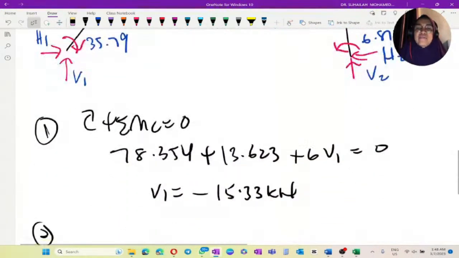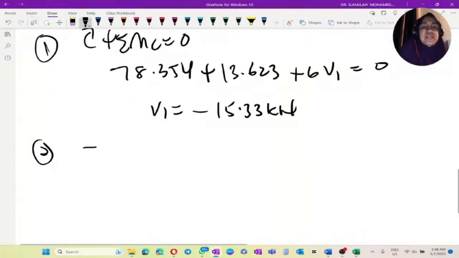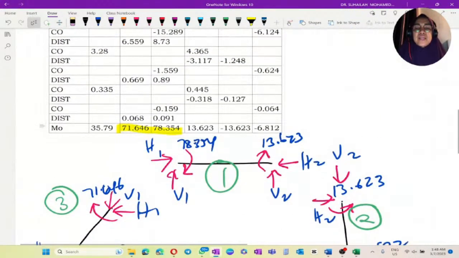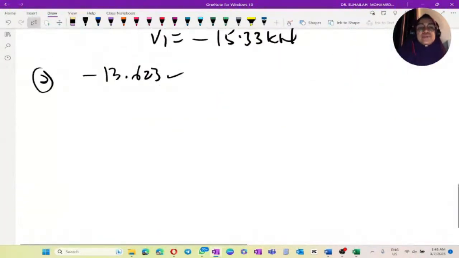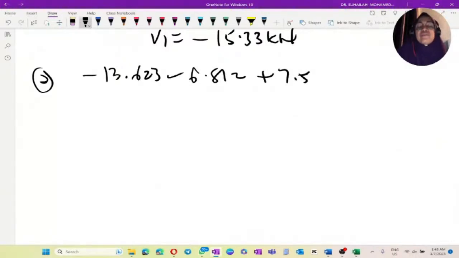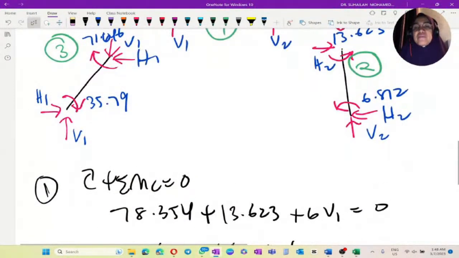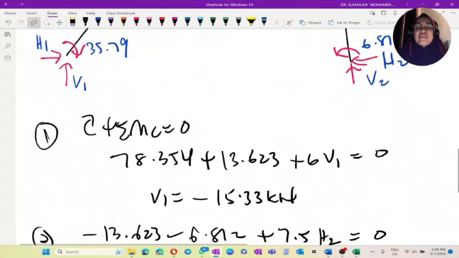It is negative 13.623 minus 6.812 plus 7.5 H2, and this is equal to 0. It is positive 7.5 H2.